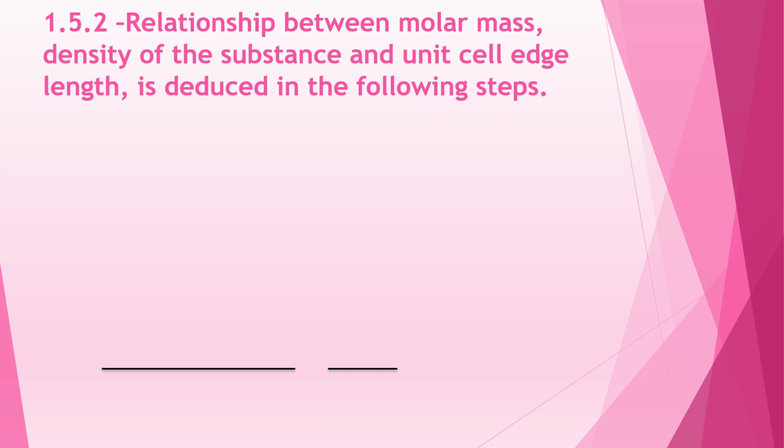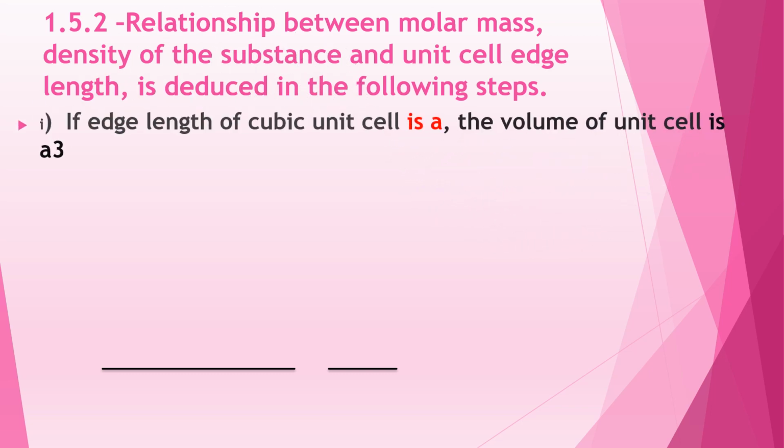Next, the relation between molar mass, density of the substance, and unit cell edge length is deduced in the following steps. First step: suppose the edge length of the cubic unit cell is a, then the volume of the unit cell is equal to a cube.